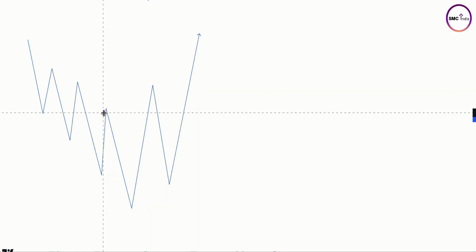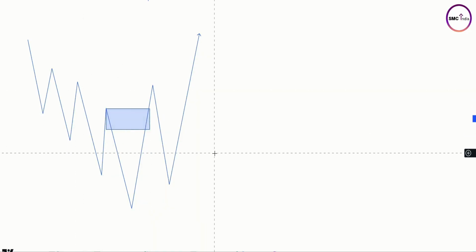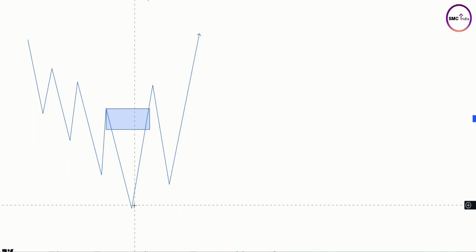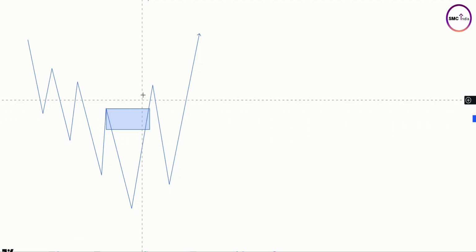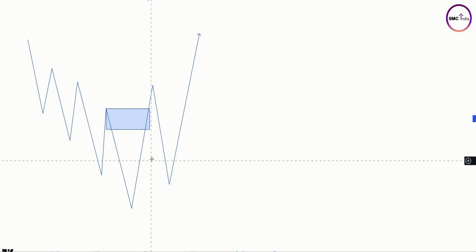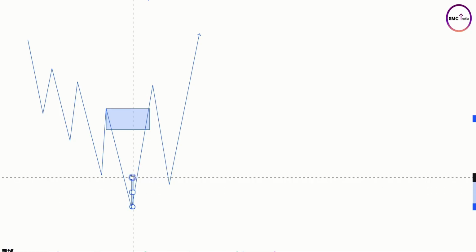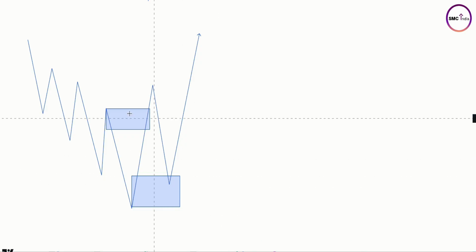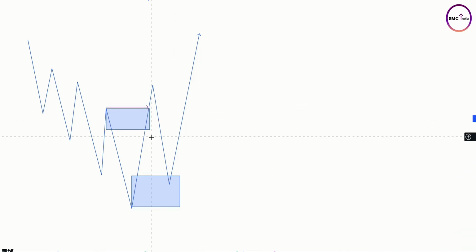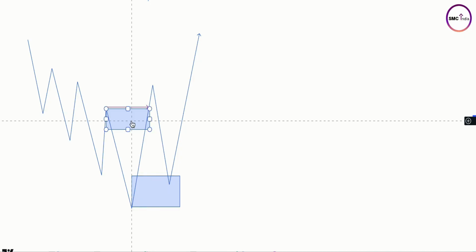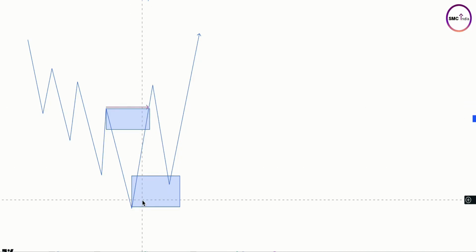So as a result of that, these supply zones sometimes get invalidated, and the demand zone is stronger than the supply zone, and because of that the price shoots up, invalidating this supply zone, comes back to this demand zone, validating this demand zone, and then the price rises up. So the change of character here shows that there is a shift in direction in the market and the supply zone got invalidated here, validating this demand zone.